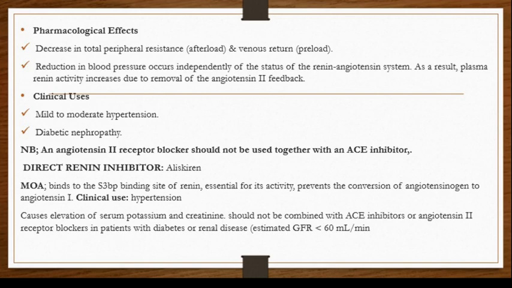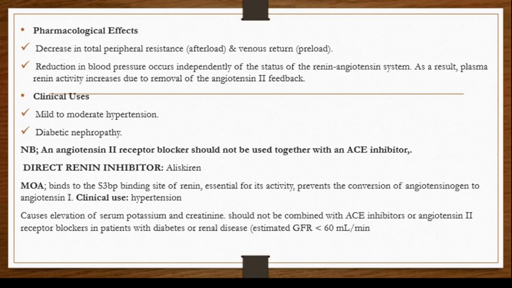It also reduces blood pressure independently of the status of the renin angiotensin system, and so the plasma renin activity increases due to removal of angiotensin 2. In this situation, we have nothing to do with angiotensin 1. You understand?